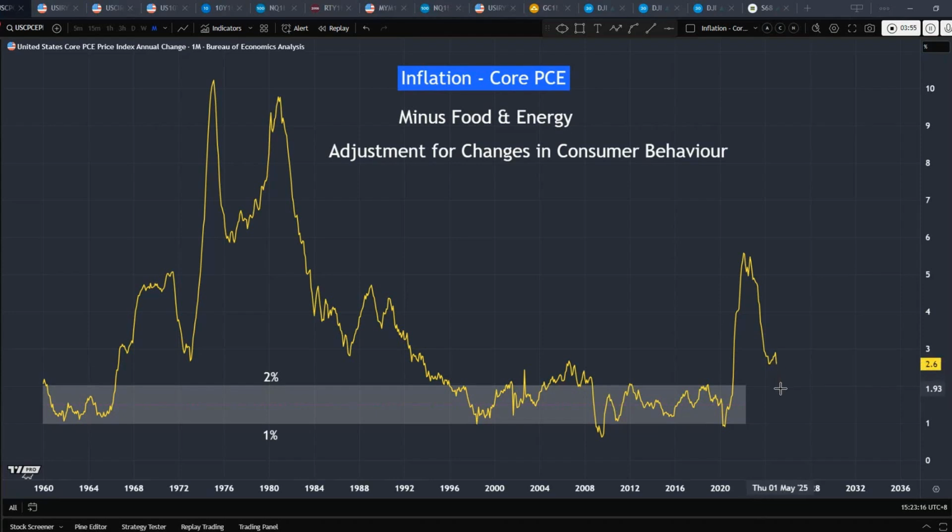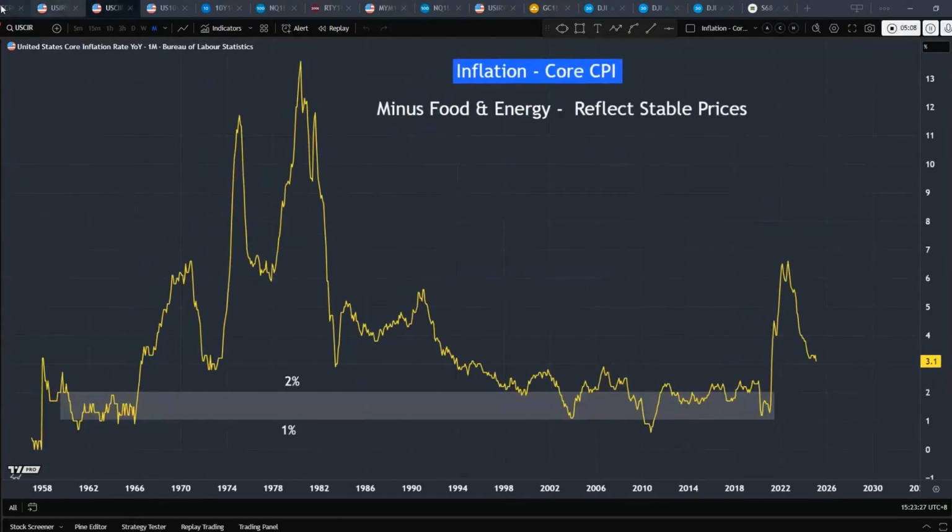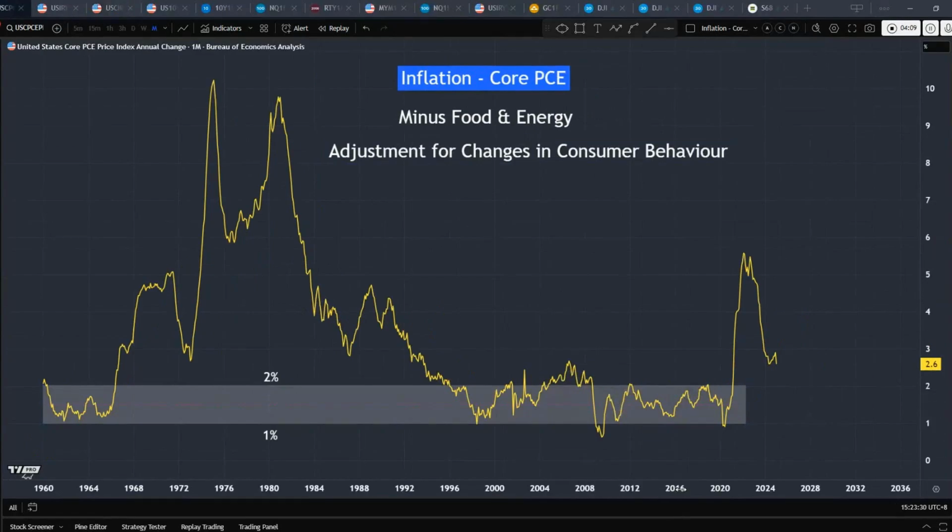So what the Fed wants to see is that it continues to drop to 2% and stay there. And for Core PCE compared to the rest, you can see that it is much more stable.